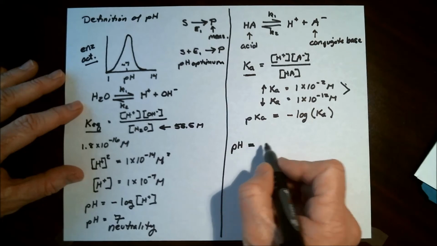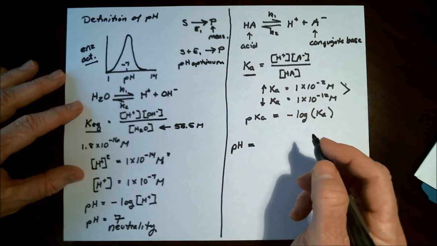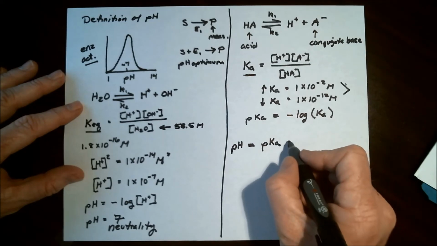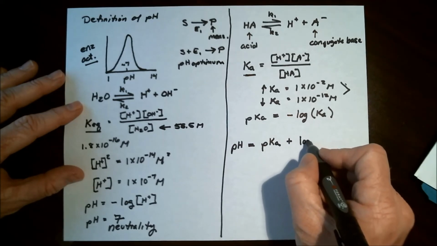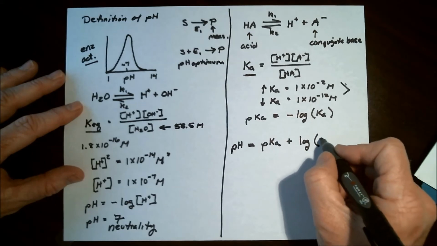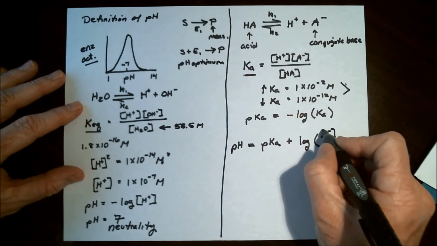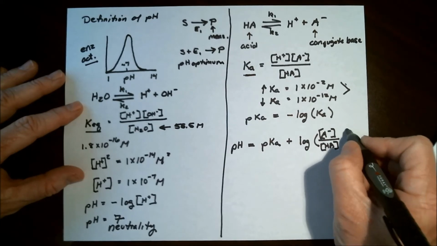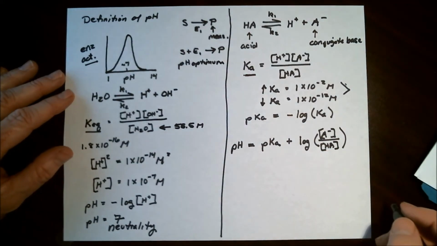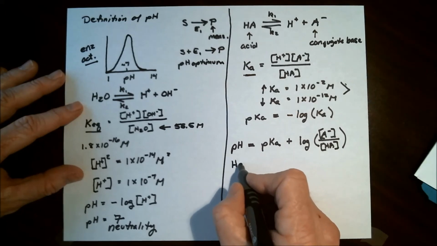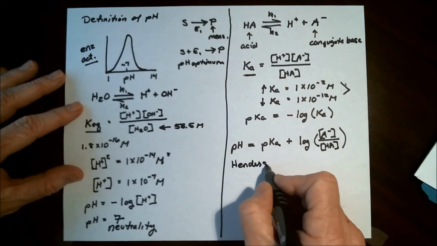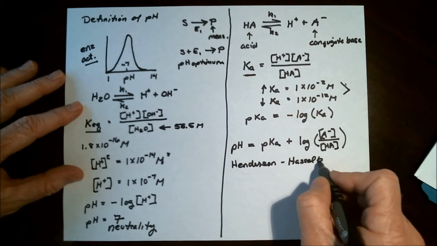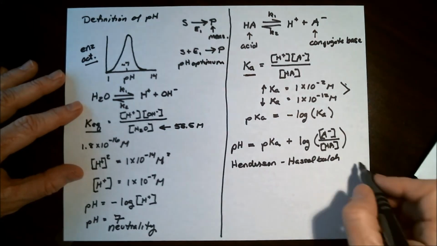So here we can use the equation pH equals pKa plus log of the conjugate base concentration over the concentration of acid. And this should be familiar to you. This is the Henderson-Hasselbalch equation.